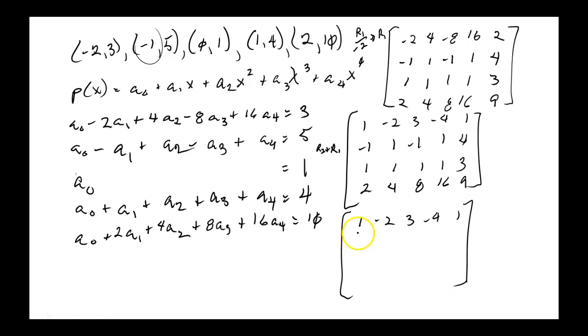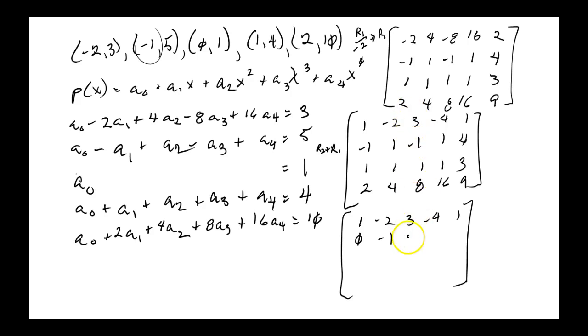New row 2 would be 0. What's that? No, the second one would be 1. Minus 1. Right? Next?